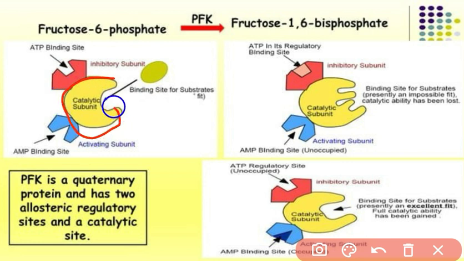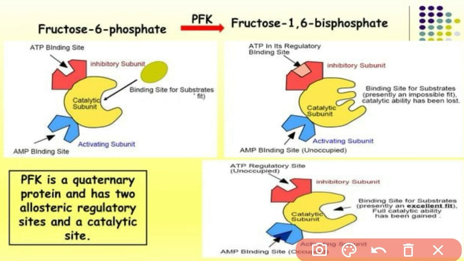This enzyme, yellow colored, has two allosteric sites. One is for ATP binding and another for AMP binding, and it has one active site to which the substrate can bind and fit. So this is the structure of the PFK enzyme.